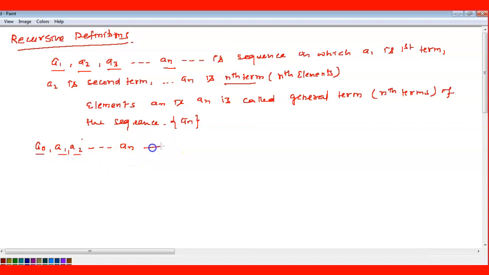So the last term in this sequence will be a_(n-1). If the first term starts from a0, then that is the case; if it starts with a1, then the nth term will be a_n. Two types of sequences may come. Now for describing a sequence, there are two methods. The first one is called the explicit method.